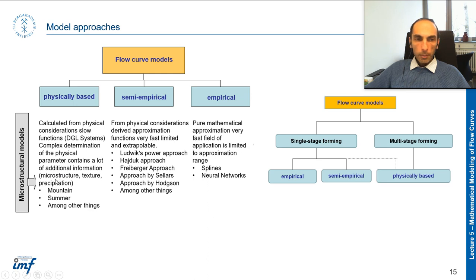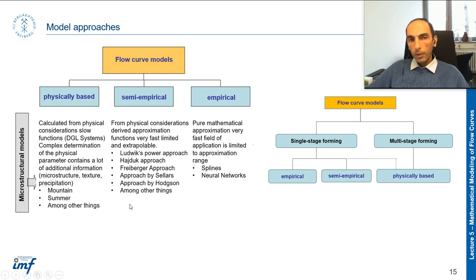In abstract, these models are related to the microstructure, the material side, and the physics of the material. So for example, if you model the flow behavior or flow stress using the density of dislocations, precipitation hardening, and those phenomena we talked about before, then your model will be in this category, the physically based.